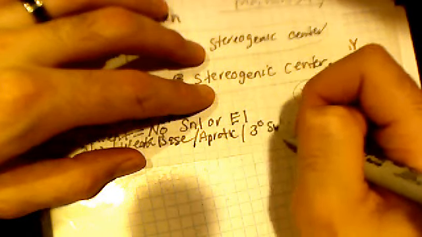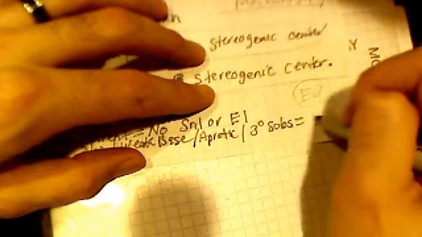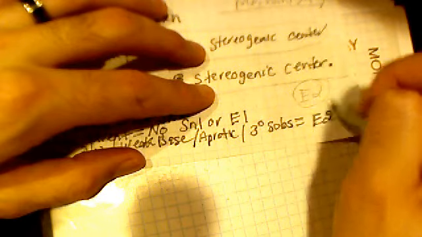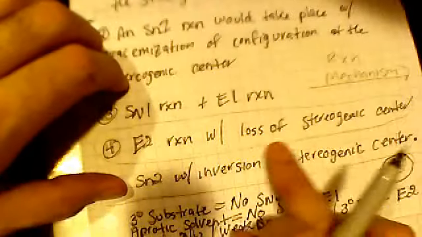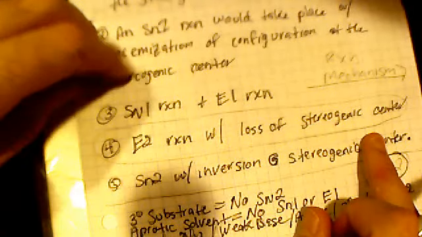It's a weak base, aprotic solvent, and third degree substrate. So that would make me think it's an E2 reaction, right? So I chose E2 reaction with loss of stereogenic center.